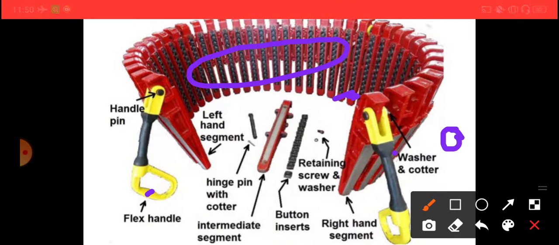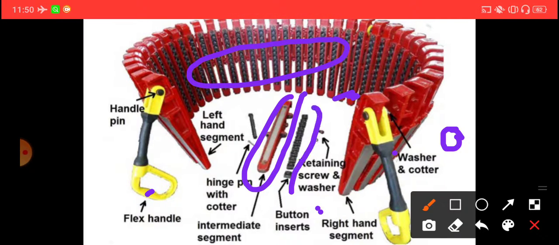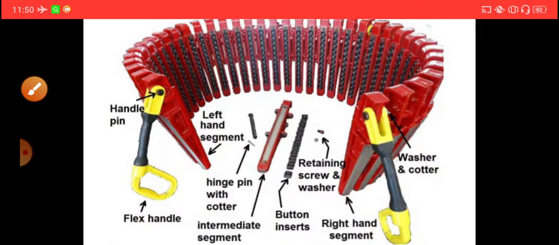These are used for gripping purposes. This is the intermediate segment. In the segment there are retaining button inserts. These button inserts will be placed here. So this is the information about the casing slip. Next we will see, then you will know what is a casing slip, a drill collar slip and a drill pipe slip.